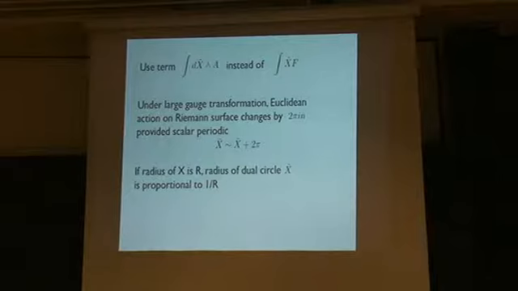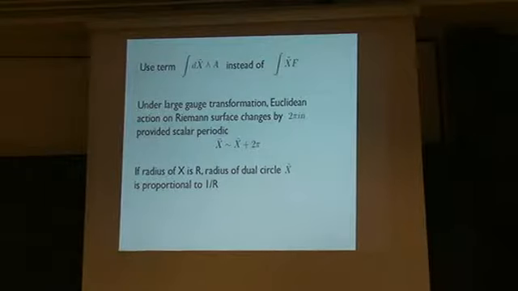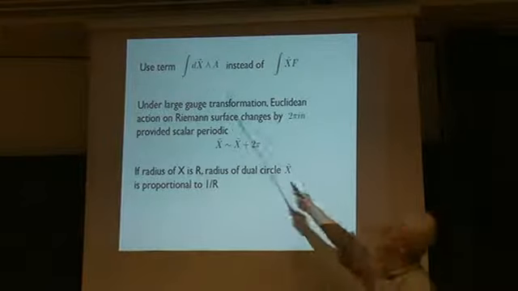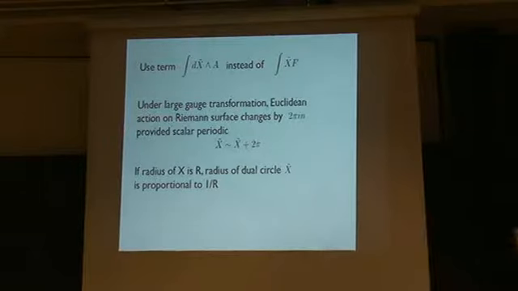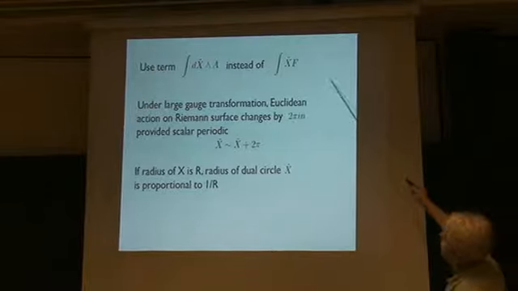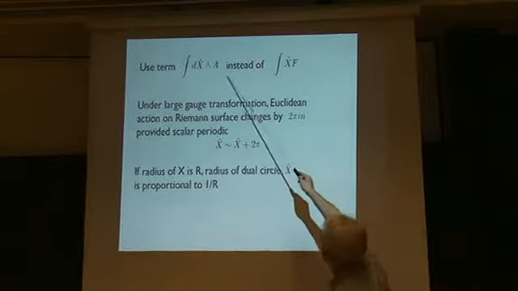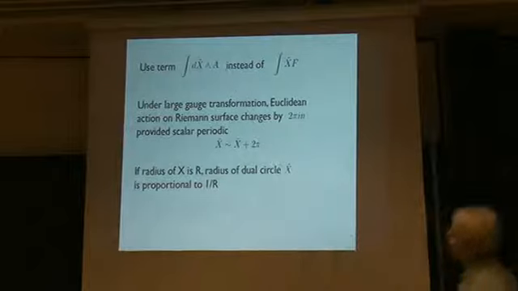So the first thing is that instead of using X tilde F, we use something which differs from that by a total derivative, which is dX tilde wedge A, which looks a bit strange, and we'll understand the reason for that in a moment. Before, this was manifestly invariant under large gauge transformations, but now A is not invariant.